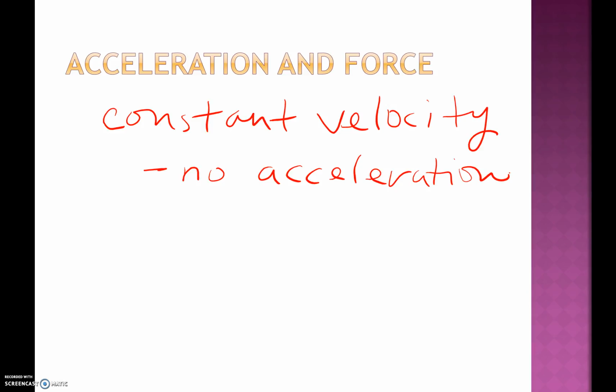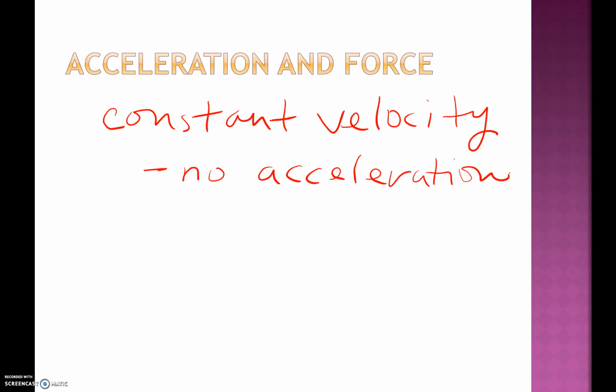But when you think about it, if you put a 0 into the F equals ma equation, that means your overall force will be 0. And that can't be the case because we actually want to have an answer to solve for, so we don't want our force to be 0. So when you think about constant velocity and there being no acceleration, don't think about acceleration being equal to 0.